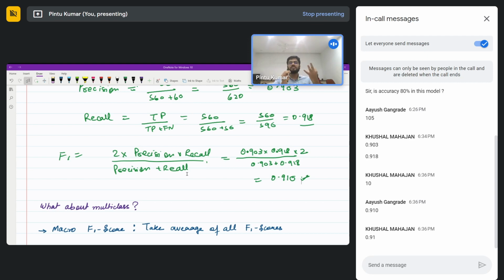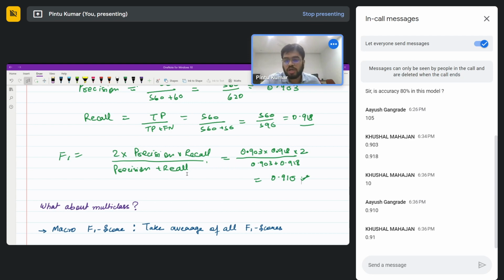But how we take the average gives us some variants of F1 score known as macro F1 score and micro F1 score, and you can have a third variant called weighted F1 score. So you calculate the F1 score separately for each class, and then you average them or take a weighted average in a special way to obtain some unique values.